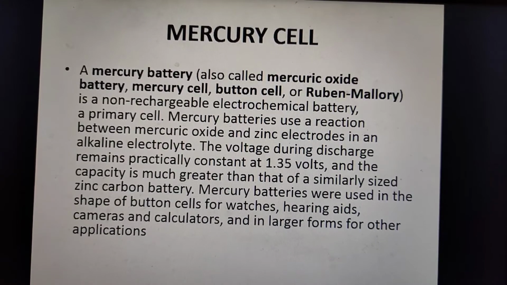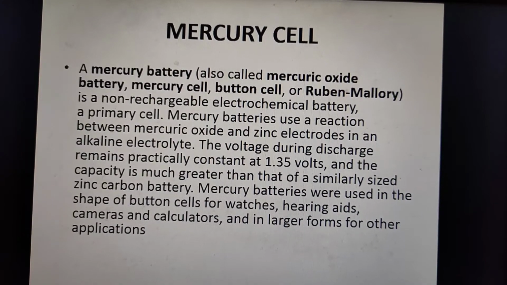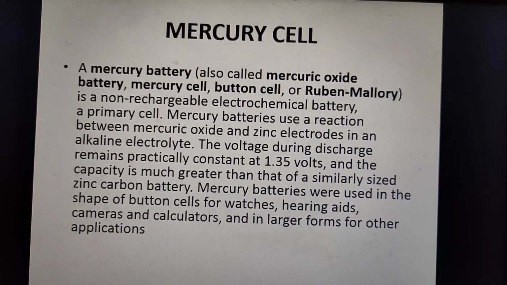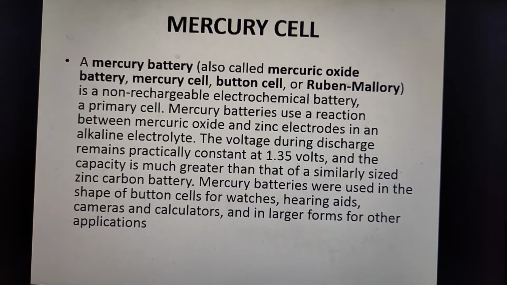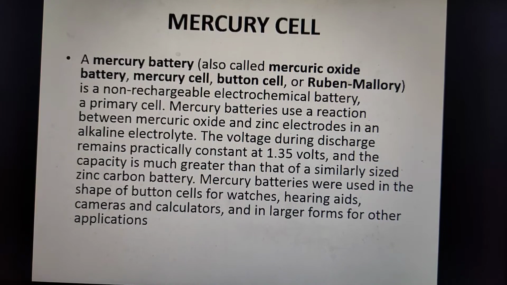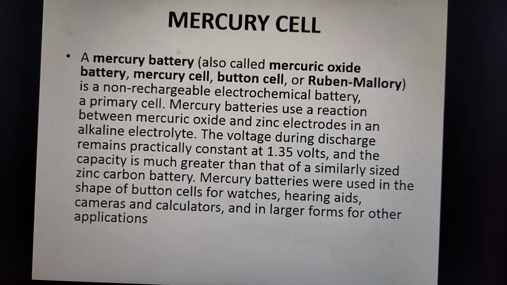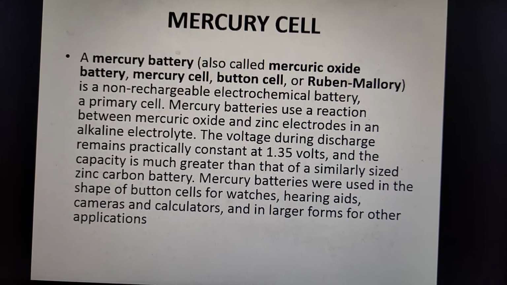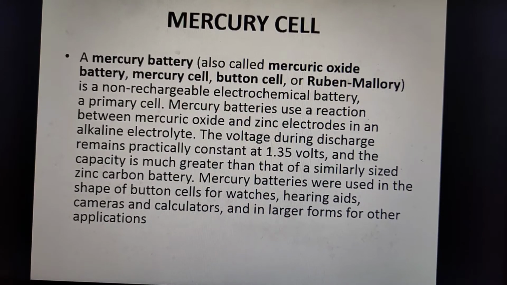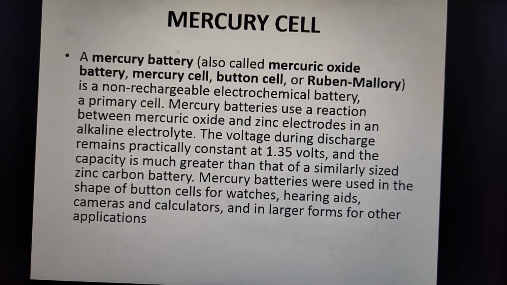The voltage during discharge remains practically constant at 1.35 volts, and the capacity is much greater than that of a similarly sized zinc-carbon battery. Mercury batteries are used as button cells for watches, hearing aids, cameras, calculators, etc.